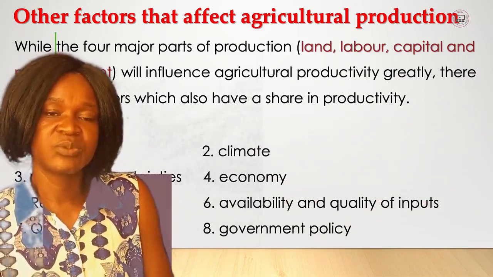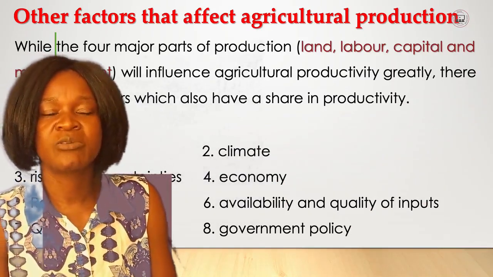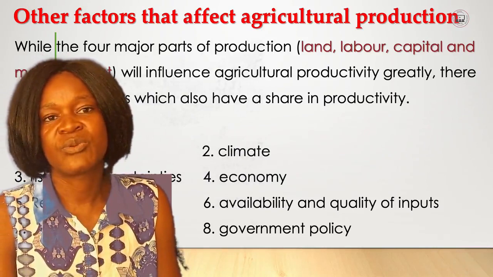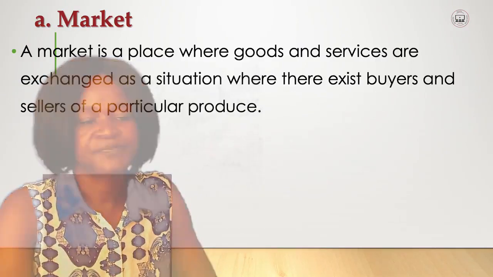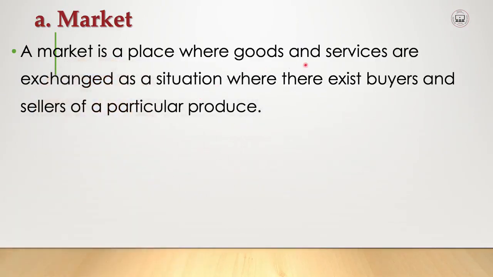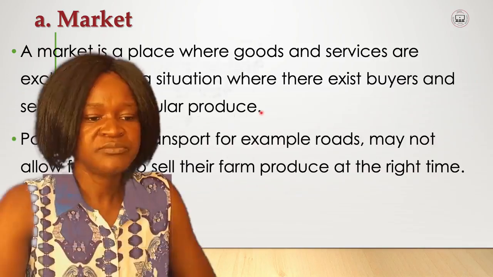So we are here to discuss in detail how these other factors of production will affect agricultural production. Let us start with the market. A market is a place where goods and services are exchanged, a situation where there exist buyers and sellers of a particular produce.